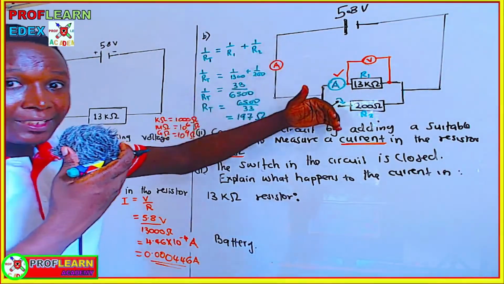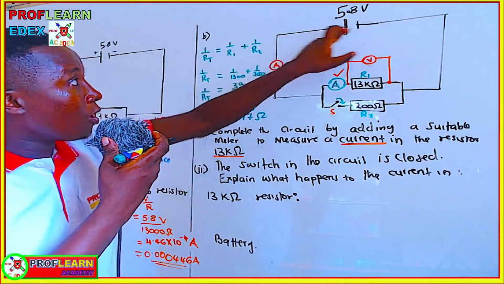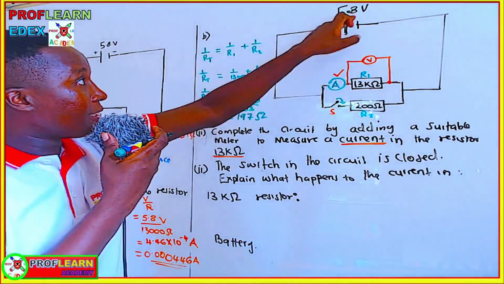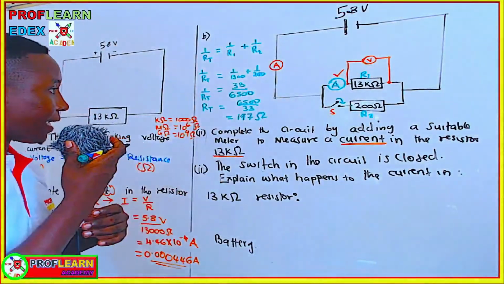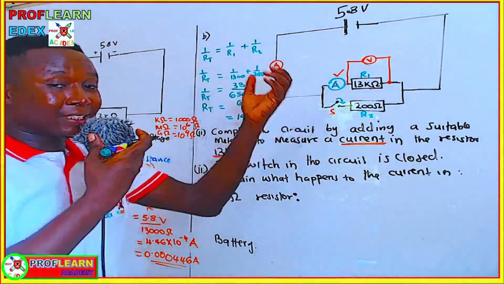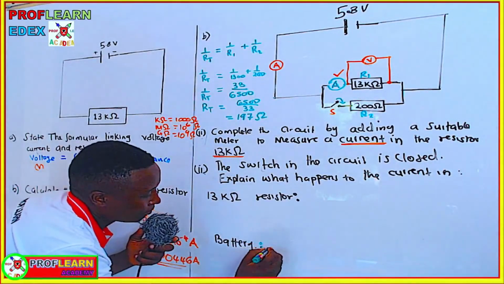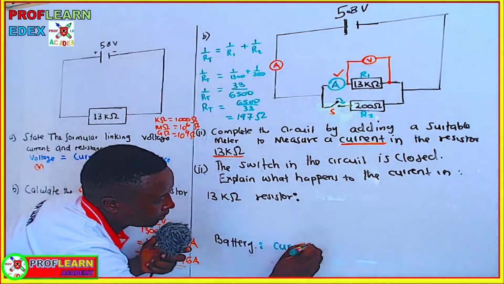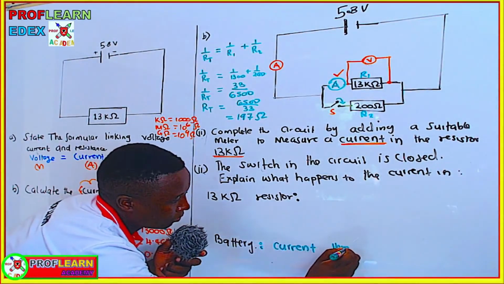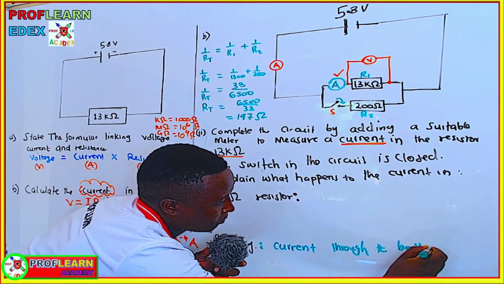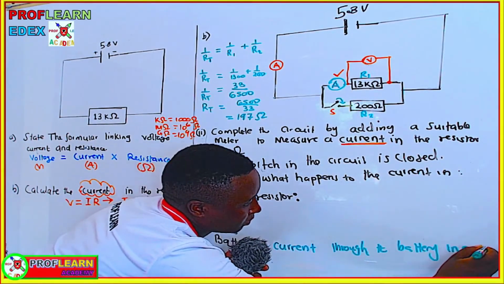So more current is going to flow through the circuit. The current in the battery is going to be higher because the resistance in the circuit is less. So we're going to say the current through the battery increases.